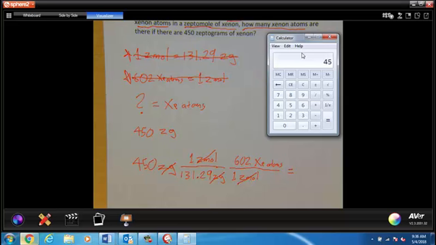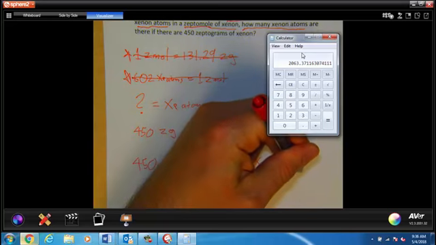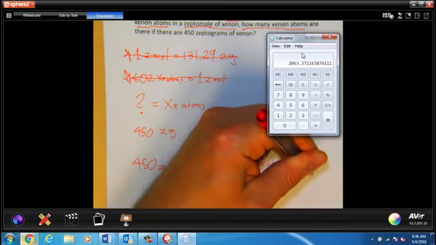There's also the ones. I'm leaving out the ones. We know what happens when you multiply or divide by a 1. And we get this number, 2063.37.